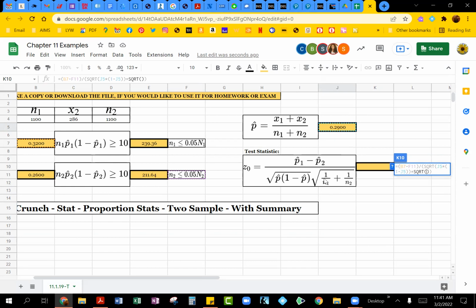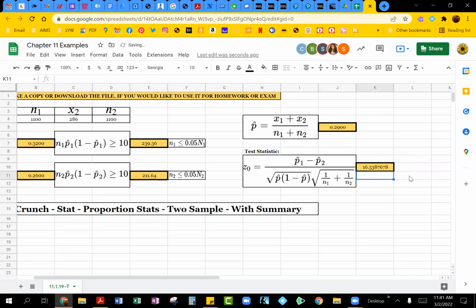And in this square root, you can see we are doing 1 divided by n1 plus 1 divided by n2. That will be in the second square root. Then you close everything out, and that will give you your calculation.